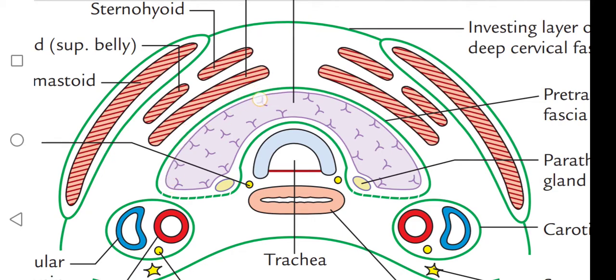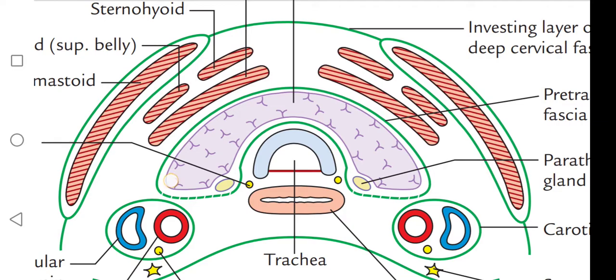It is superficial, and it is covered by three strap muscles. What are the strap muscles? Sternothyroid, sternohyoid, superior belly of omohyoid.